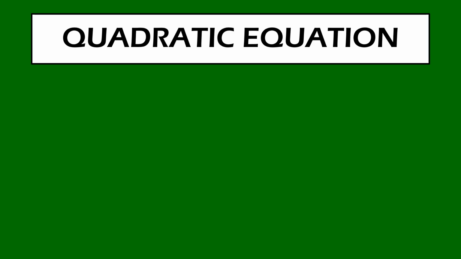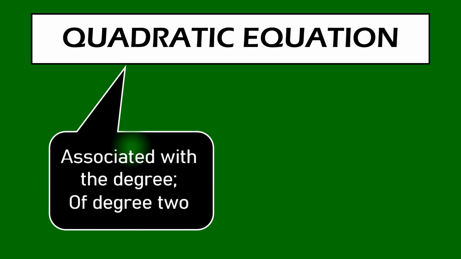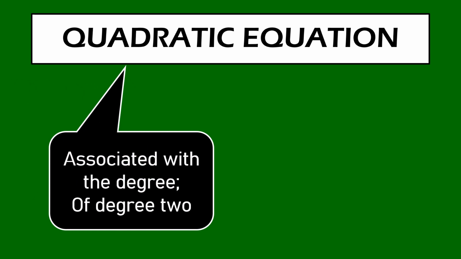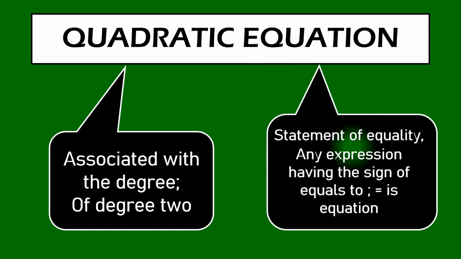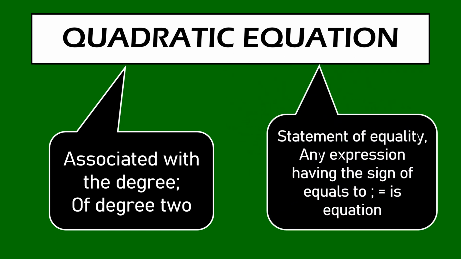First of all, quadratic equations, let's decode it literally. What is quadratic? Quadratic is something associated with the degree. Quadratic stands for degree 2, and equation is the statement of equality. Any expression having the sign of equals to is an equation, right?